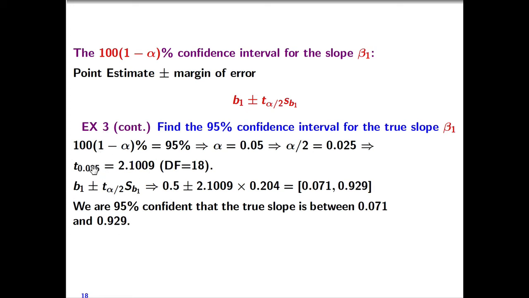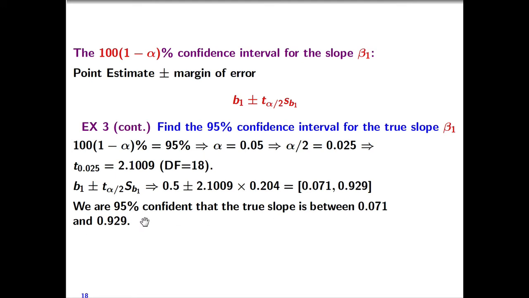So B1 plus or minus t of alpha over 2 times SB1 is equal to 0.5 plus or minus 2.1009 times 0.204 from this example number 3. Using your calculator, you'll be able to get the lower limit to be 0.071 and the upper limit to be 0.929.